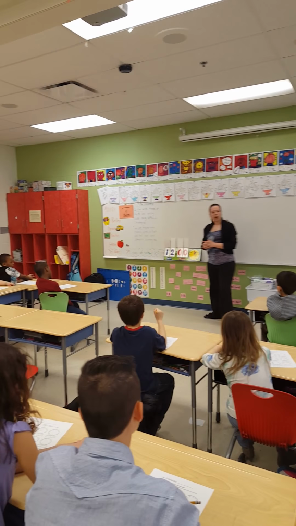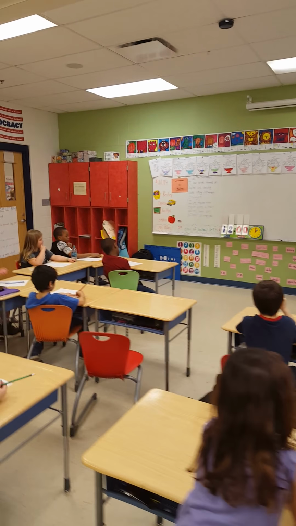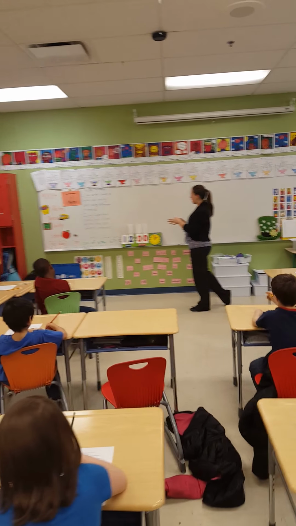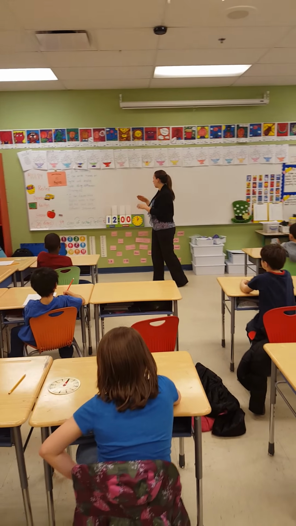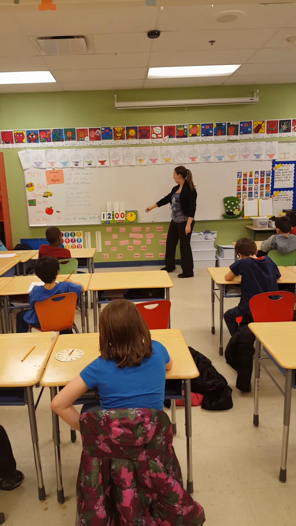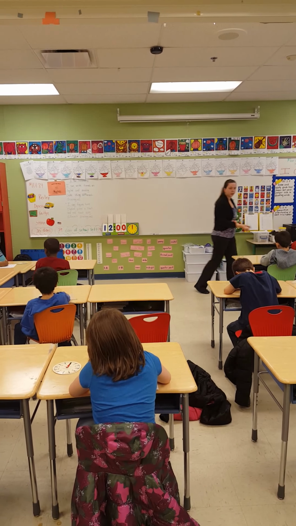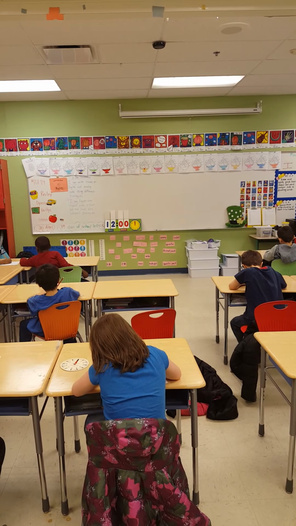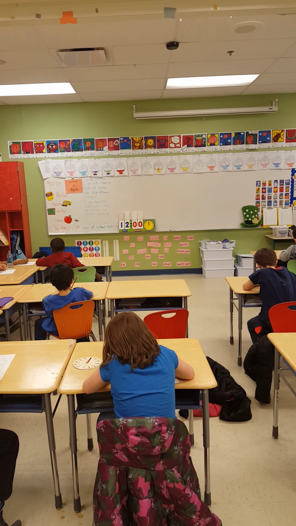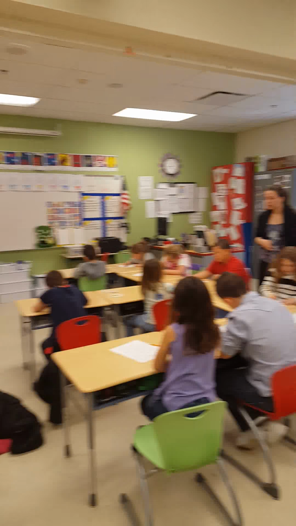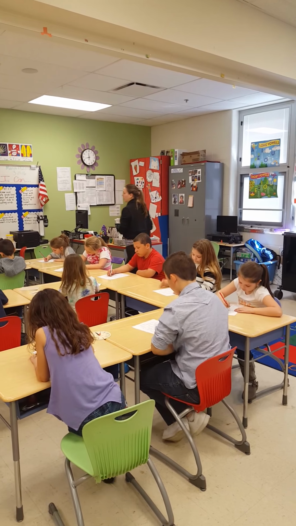Okay, so I'm going to have you write on your first box 12 o'clock, and then I'm going to have you write the arrows for that, as we just found out, on your sheet. 12 o'clock. Hey, great job.